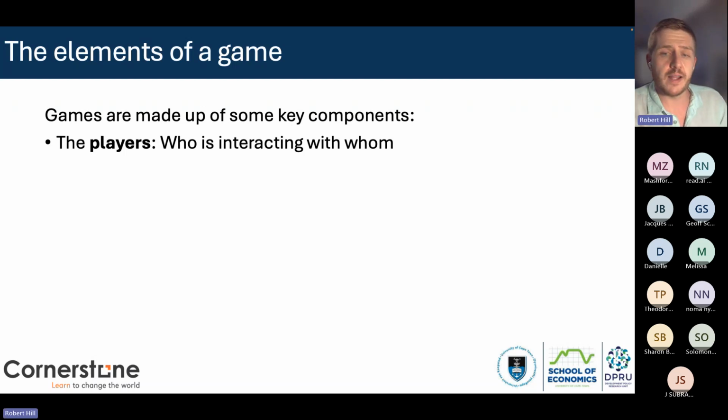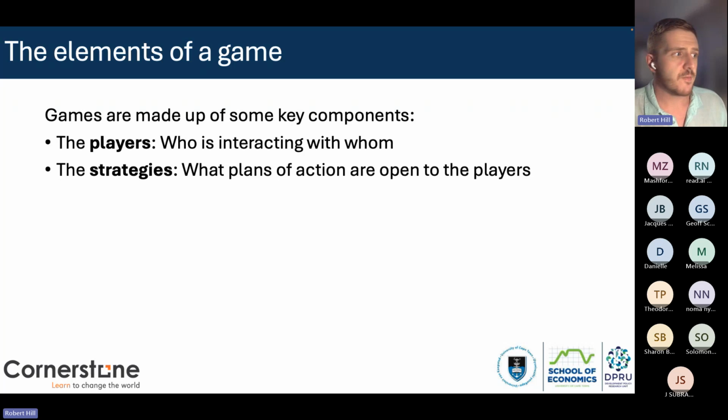We also need to understand the strategies, and this is what plans of action are open to the players. So in this scenario, what could I do when I'm presenting this class to you, when I'm presenting this lecture? What are my options? I could present something very quickly. I could do a perfunctory sort of reading of my slides, or I could choose to do something a little bit more engaging. You know, the choice of this being on Teams versus in person is also a game theoretic decision.